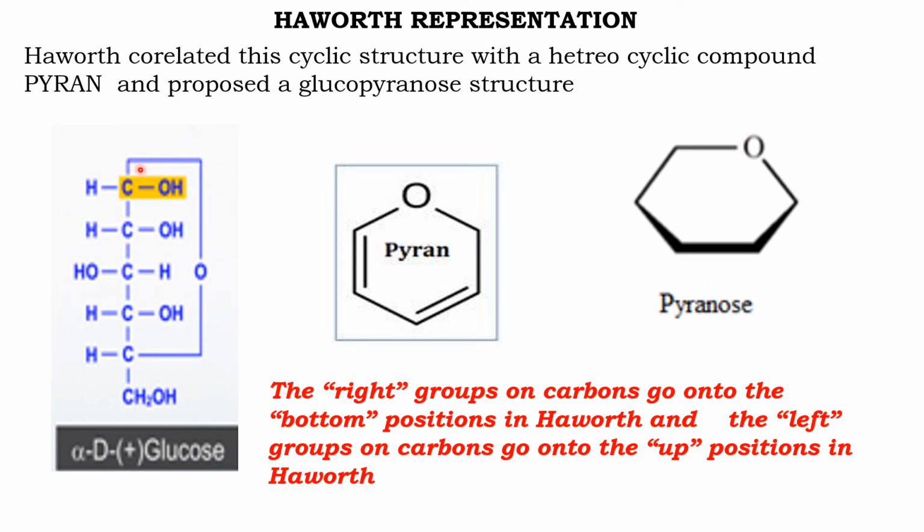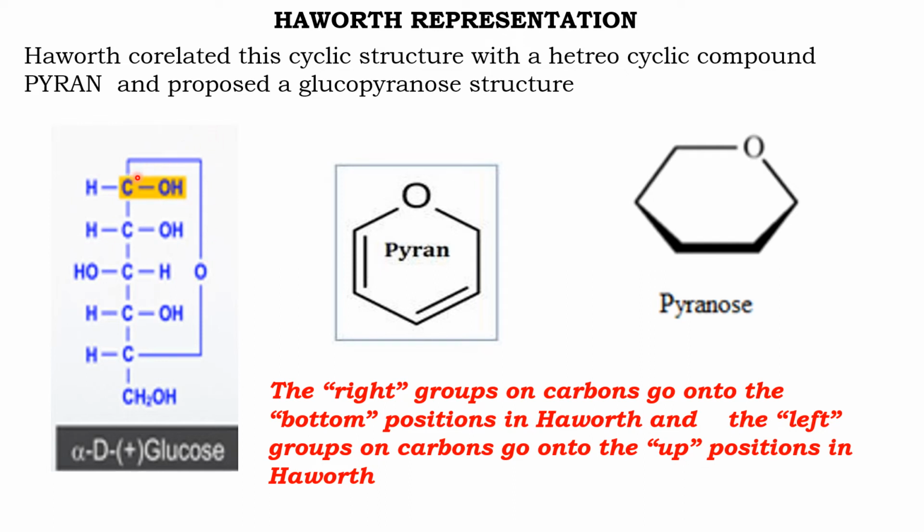Now see here, when I consider this glucose molecule, I have first carbon atom, second, third, fourth, fifth and sixth. The fifth carbon atom is connected through an oxygen to the first carbon atom.